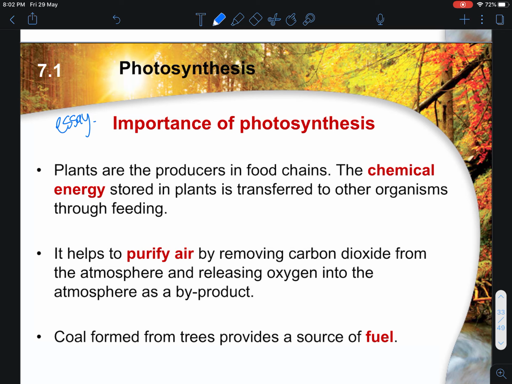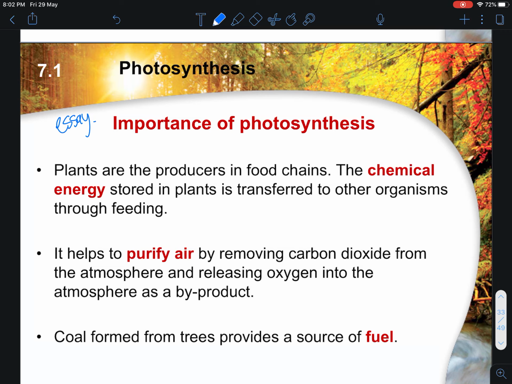The second thing is it helps to purify air by removing carbon dioxide from the atmosphere and then releasing oxygen.